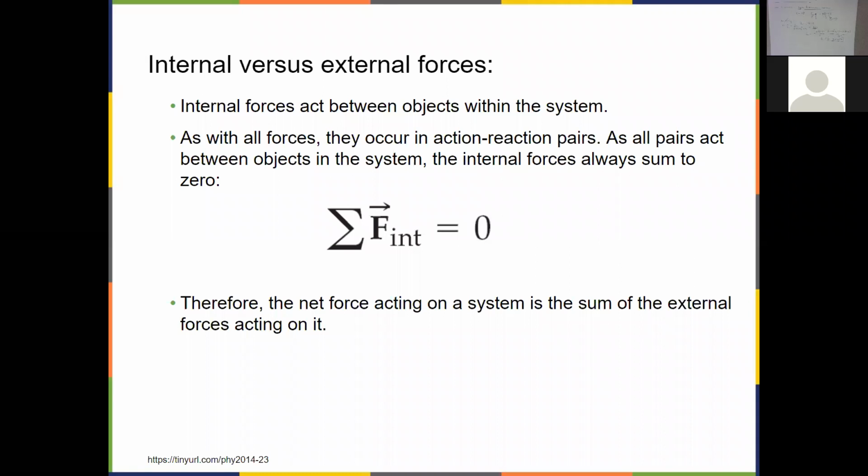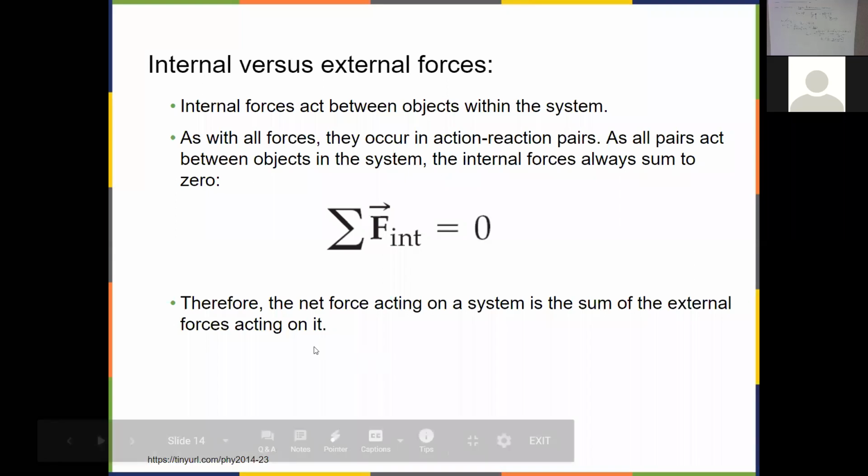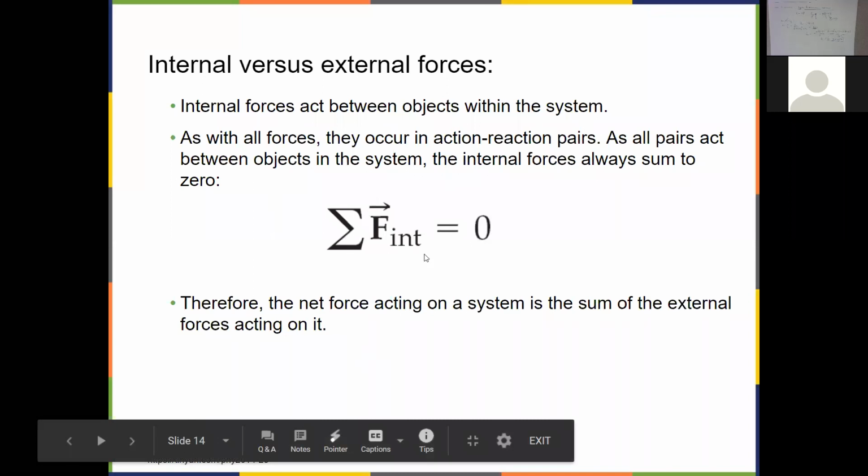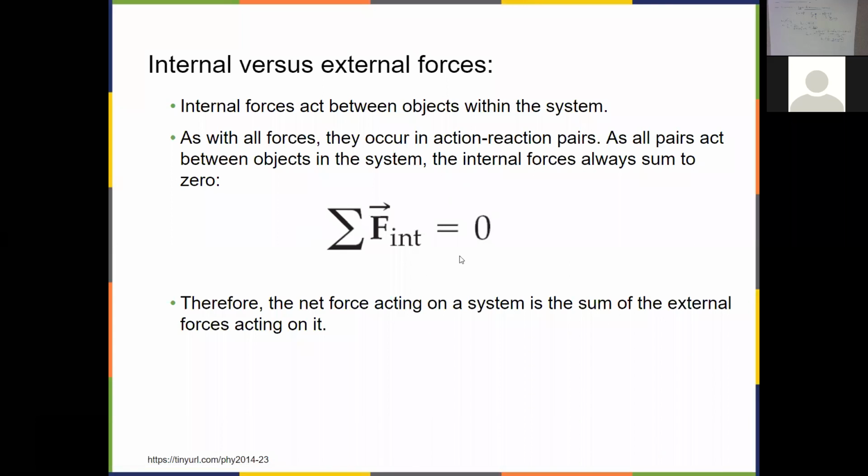So if you find one internal force, you should be able to find another internal force in the opposite direction but the same magnitude. In that sense, all the internal forces should add up to be 0. And that's always true. If you have multiple objects in the system and you are considering all the internal forces, they should add up to be zero.